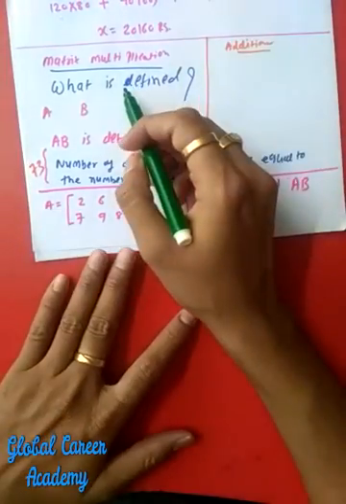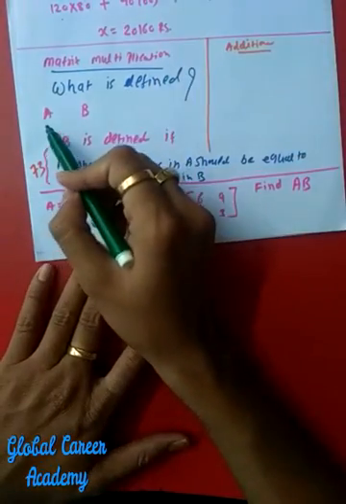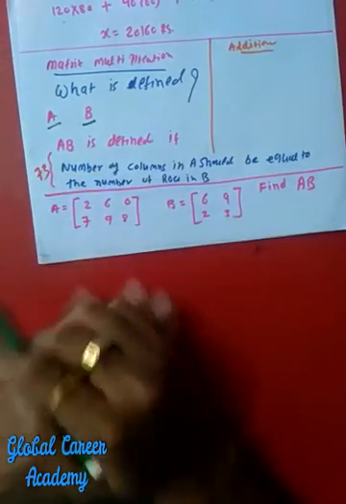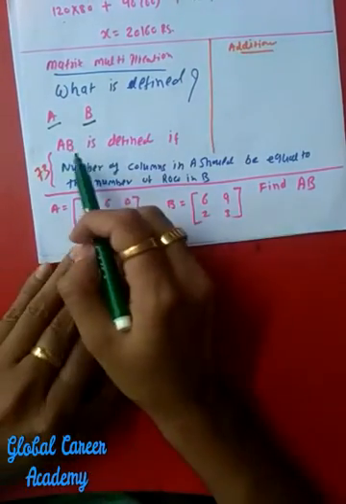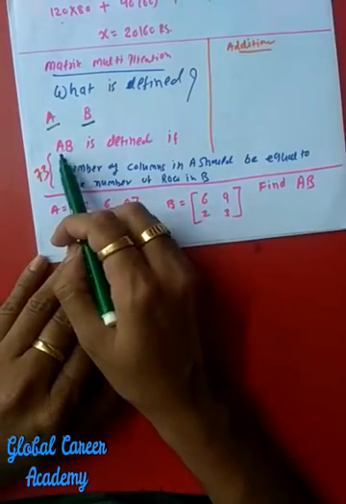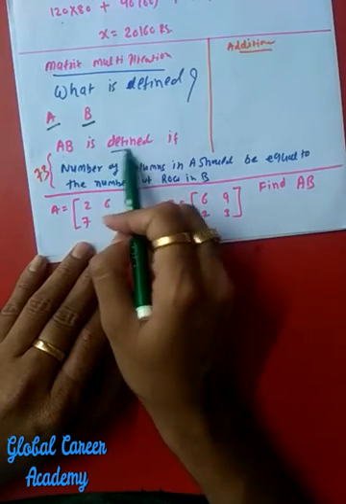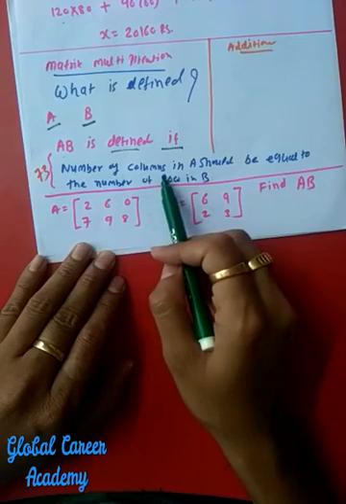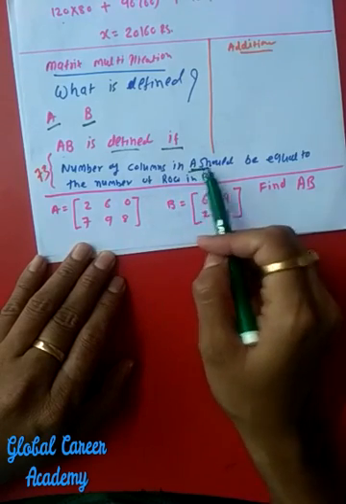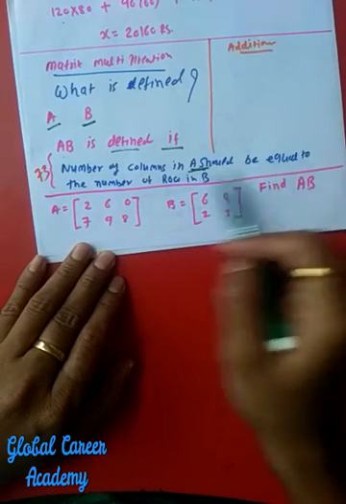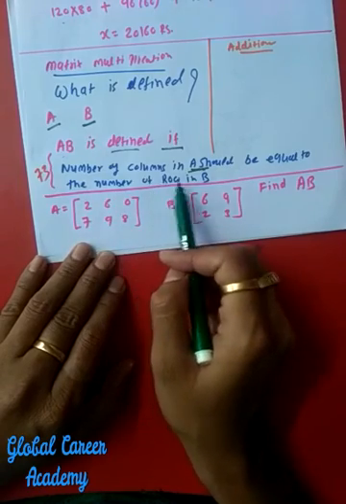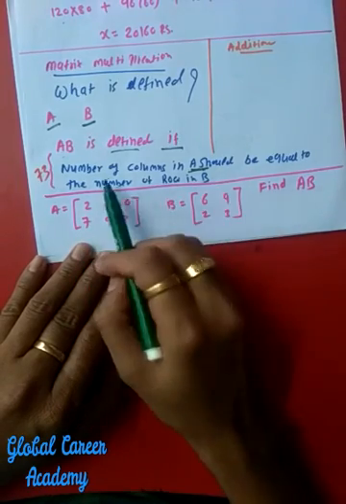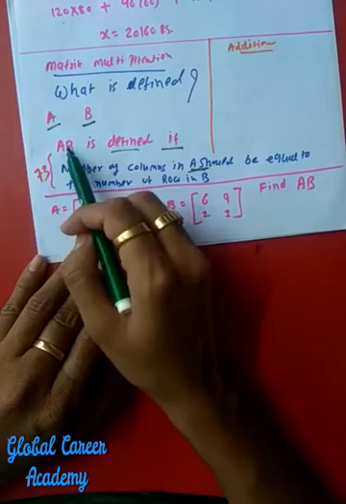So in matrix multiplication, if we have matrix A and if we have matrix B, then AB, that is multiplication of matrix AB, is defined if the number of columns in A should be equal to the number of rows in B. So this is the condition for a defined matrix AB, right?